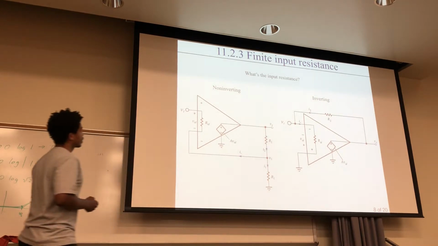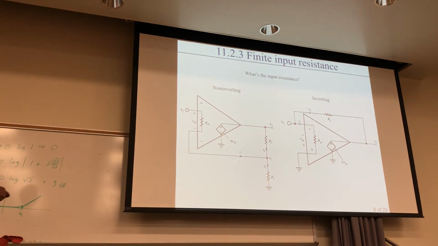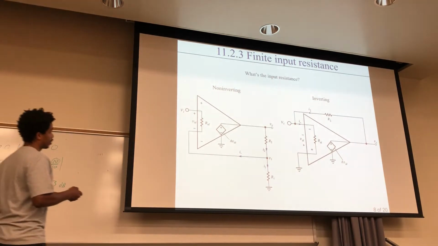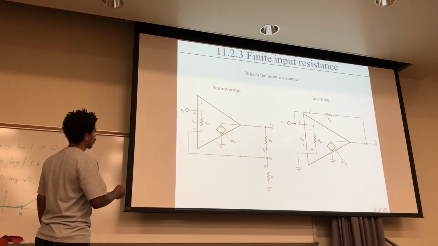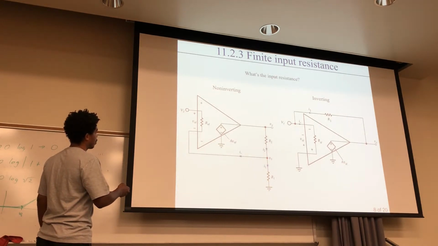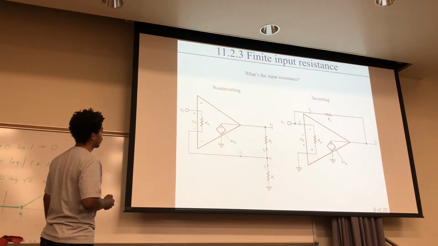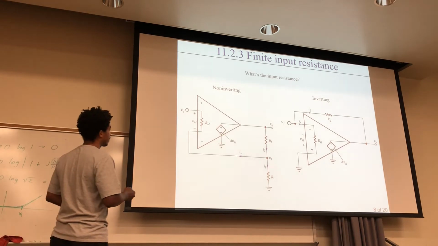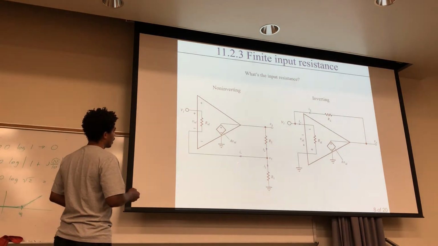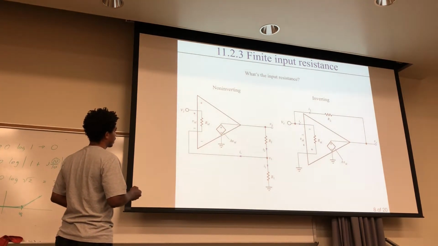So let's look at this one first, right here. And again, we're assuming it's not ideal, right? So the amplitude is going to be finite, and that resistance right there is going to be finite as well. But we are going to assume that this feedback current right here is much, much less than, let's say, this current right there.